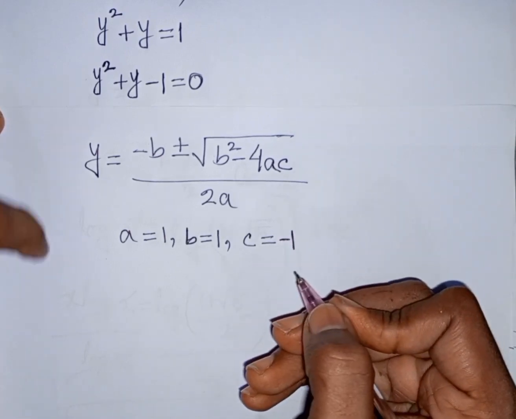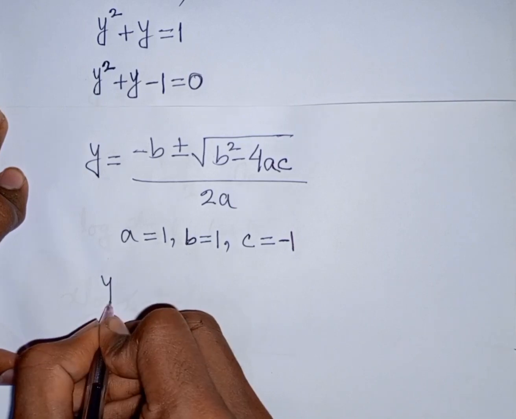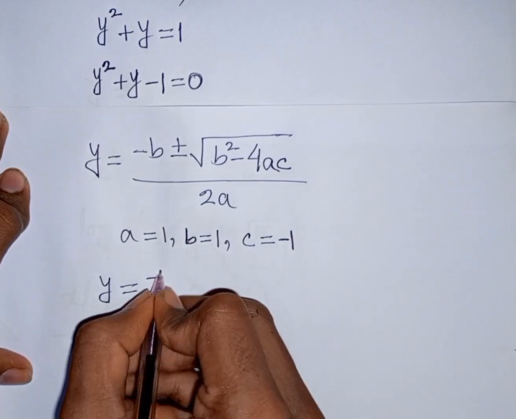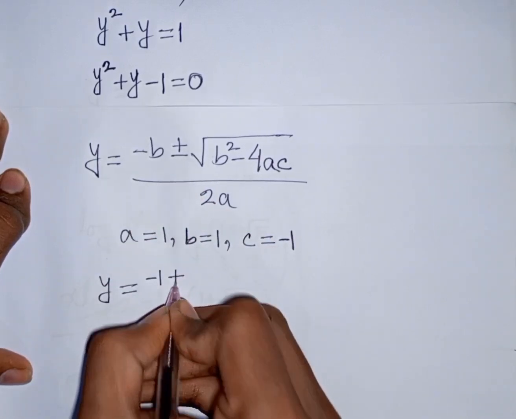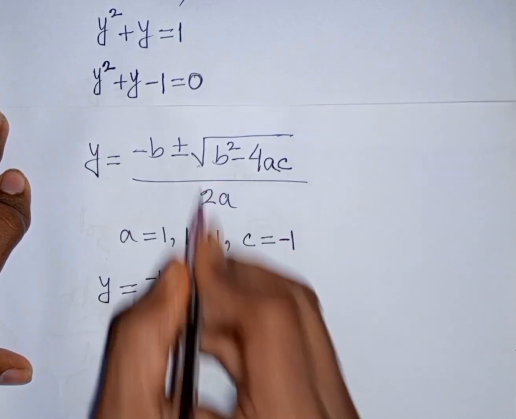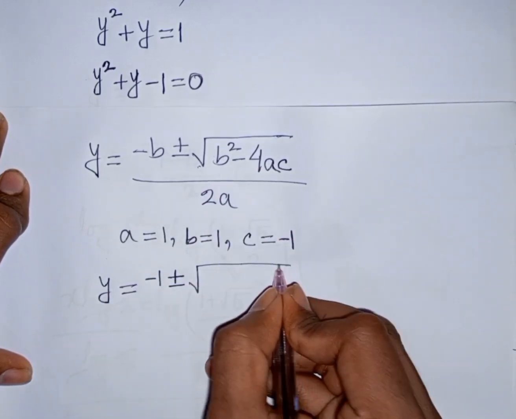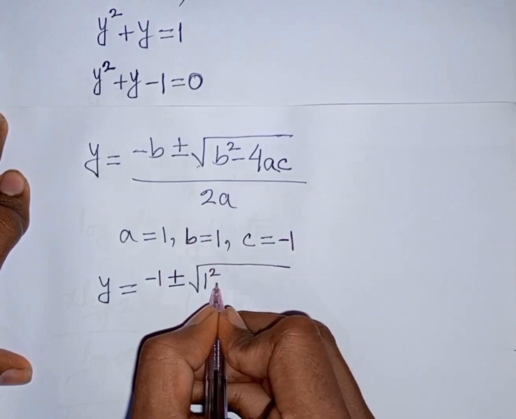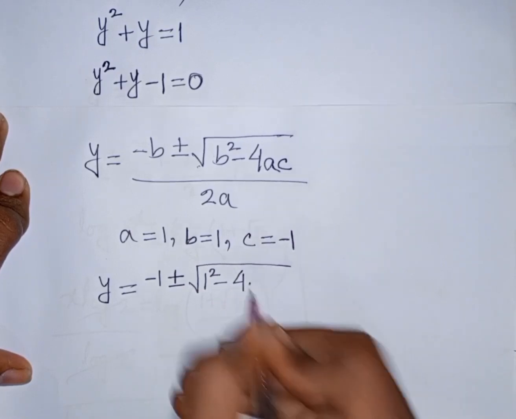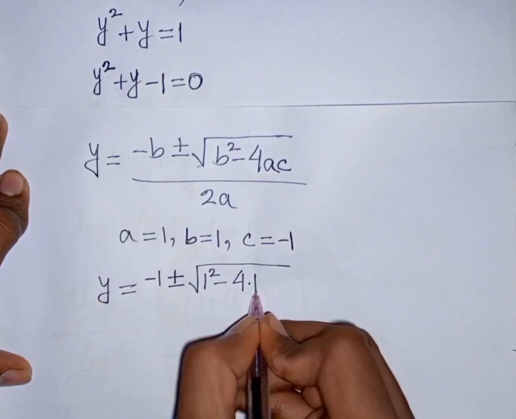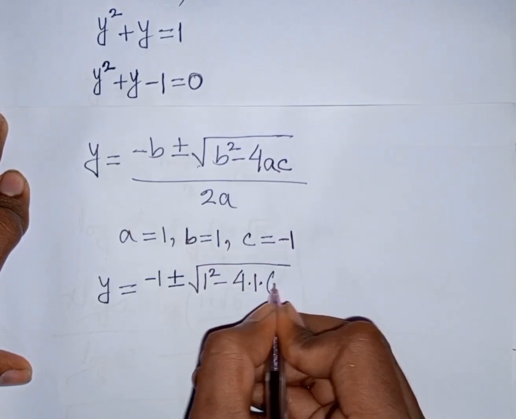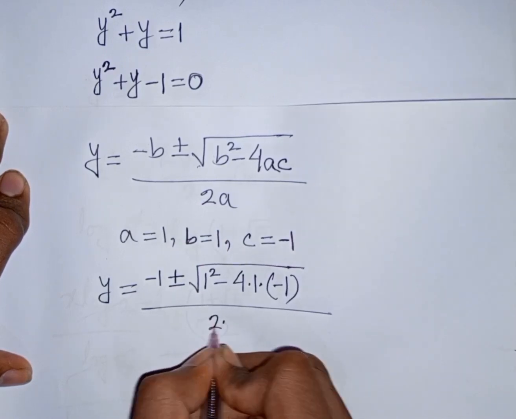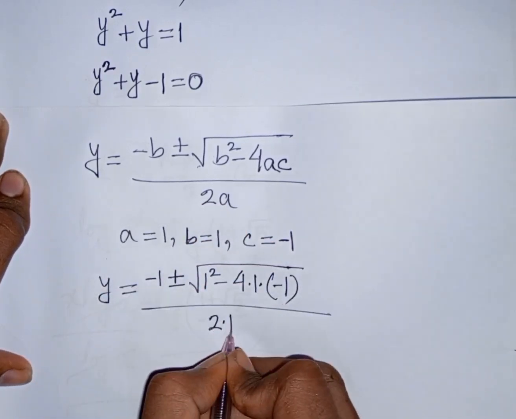Now I can write here y will be equal to minus b, that means minus 1, then plus or minus square root of b square, that means 1 square, minus 4 times a, that means 1, times c, that means negative 1, then divided by 2 times a, that means 1.